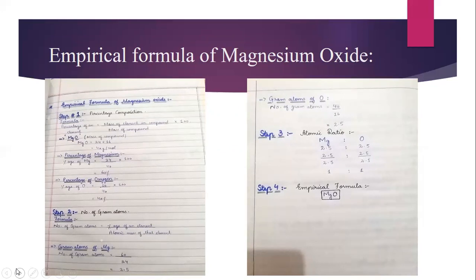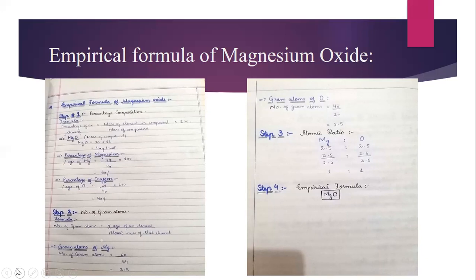Now in step 2, we will find the number of gram atoms. Number of gram atoms is determined by the percentage of an element divided by the atomic mass of that element. Gram atoms of magnesium are 60 divided by 24, 2.5 gram atoms of magnesium and 2.5 gram atoms of oxygen.